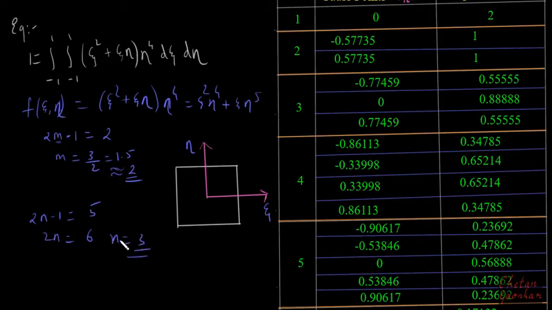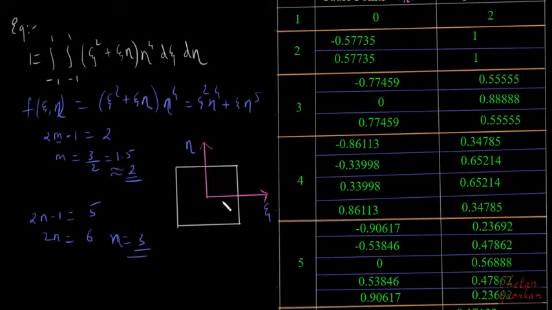So the number of Gauss points in eta direction is 3, whereas the number of Gauss points in xi direction is 2. So this tells me that I require only 2 Gauss points in xi direction, whereas I require 3 Gauss points in eta direction.